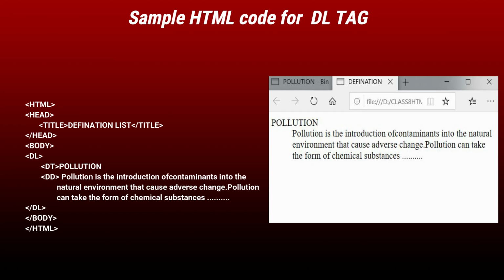If you look at the output, you will see that the size of the text pollution is a little bit bigger compared to the rest of the text. And the definition of pollution is indented towards the right because it is under the DD tag.